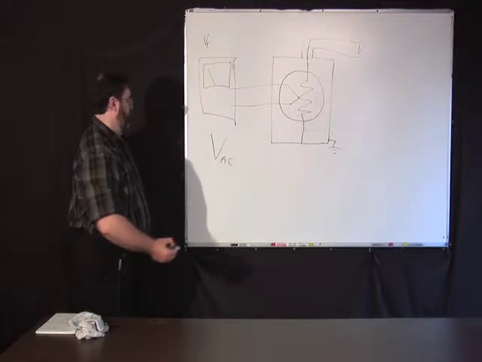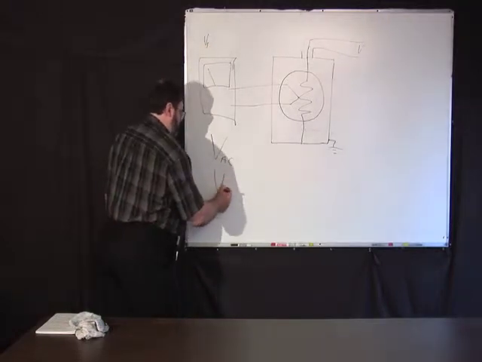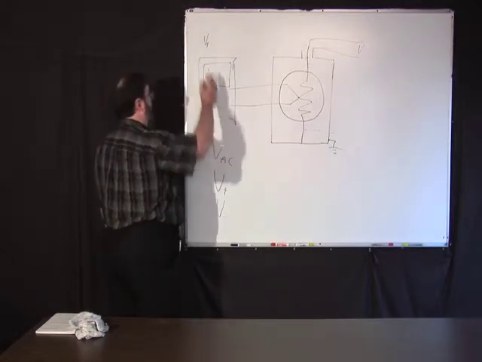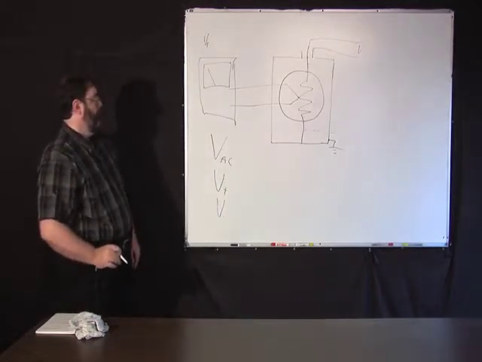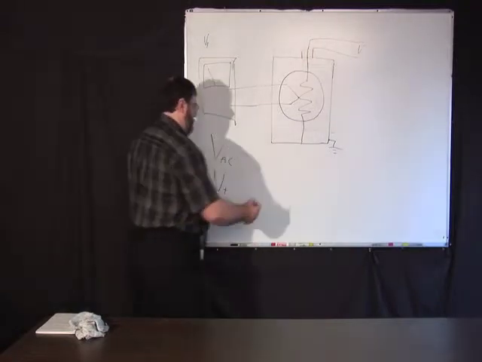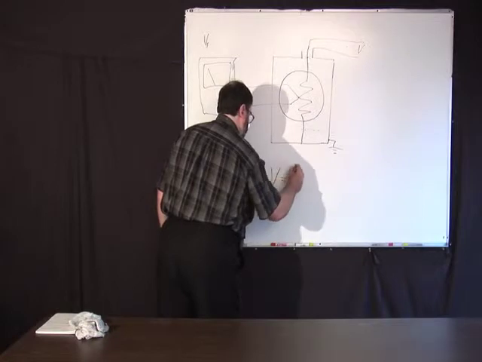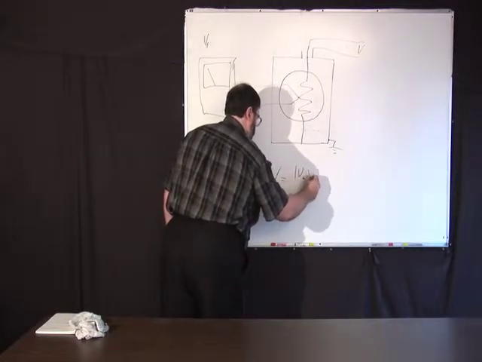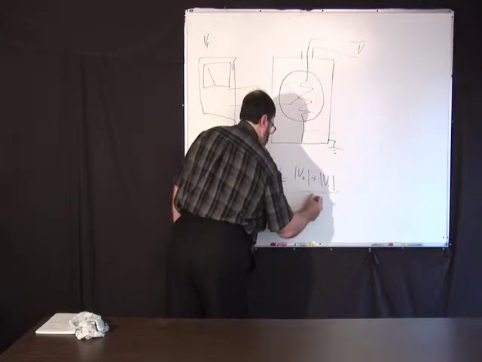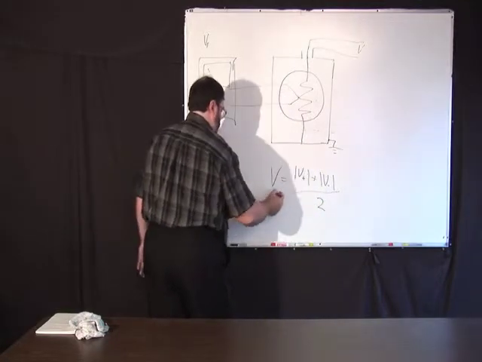Then you're going to put in a V plus to reproduce that number, and a V minus to reproduce that number. Then you come up with an average voltage, which is the absolute value of V plus plus the absolute value of V minus, over 2. We'll call that VDC.